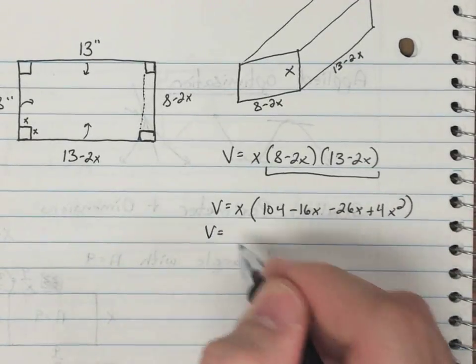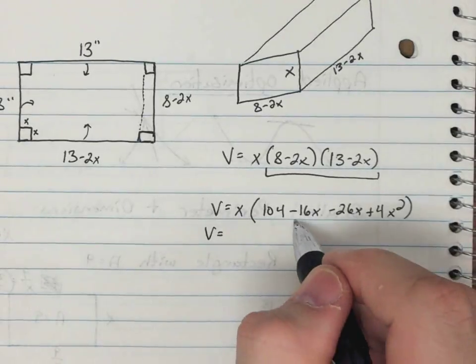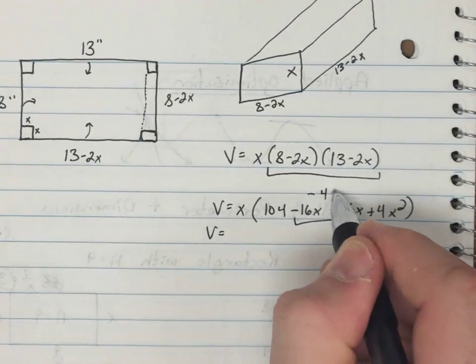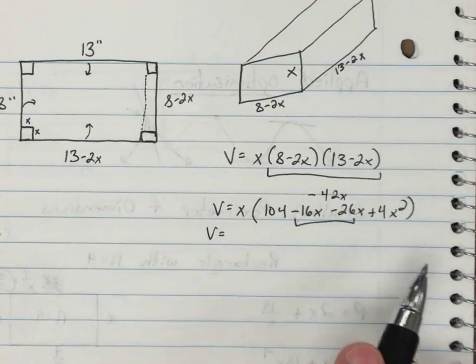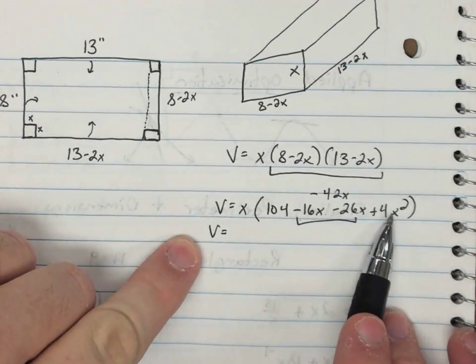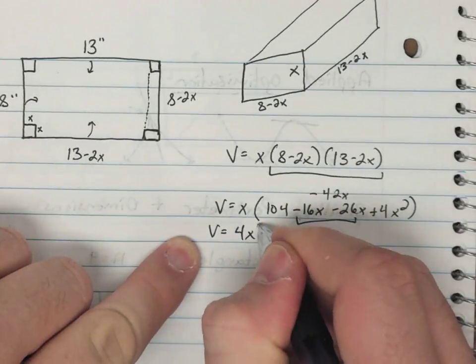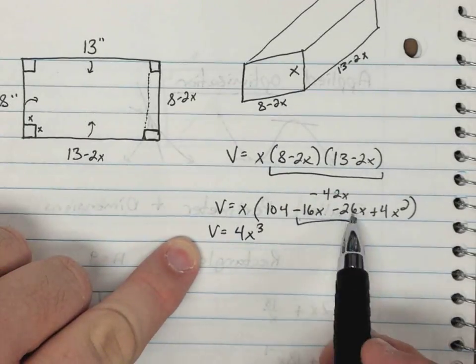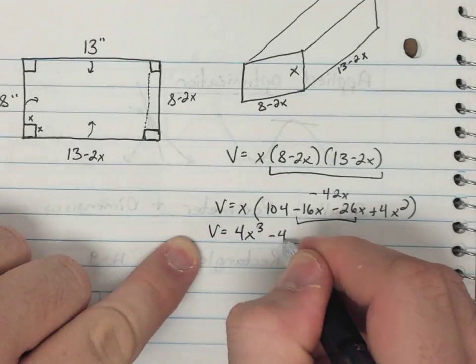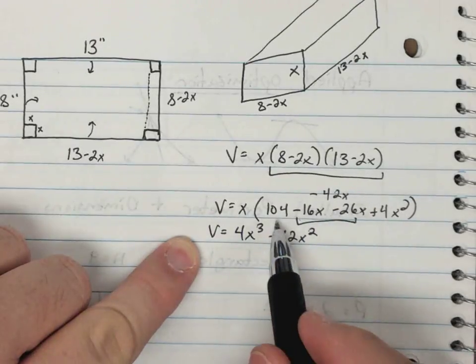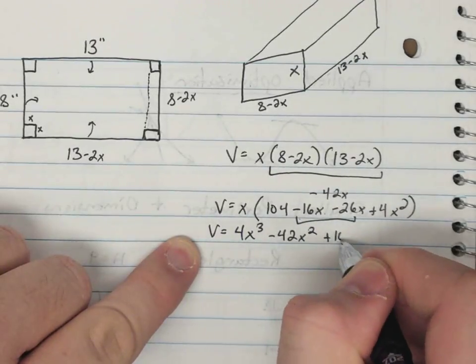Combined, that's negative 42X. Next, I'm going to distribute that X, and put these in order as well. I'll put my 4X squared first. X times 4X squared will be 4X cubed. Negative 42X times X will be negative 42X squared, and 104 times X will be plus 104X.